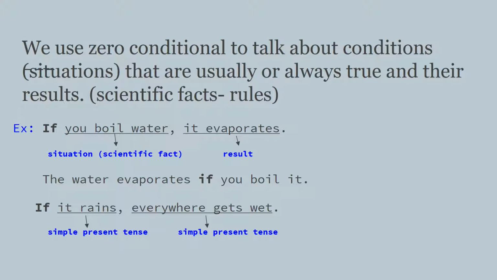It always evaporates. That's why we use zero conditional. Let's try another example. If it rains, everywhere gets wet. Again, in the situation of rain, the result never changes. Everywhere gets wet. So that's why we use zero conditional.